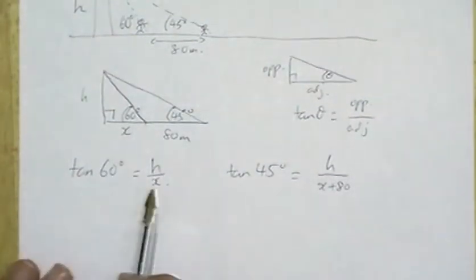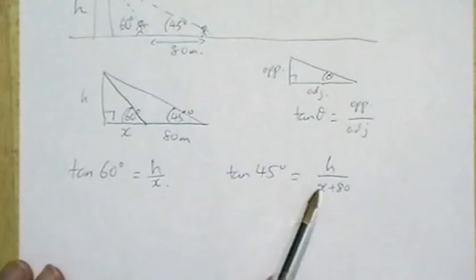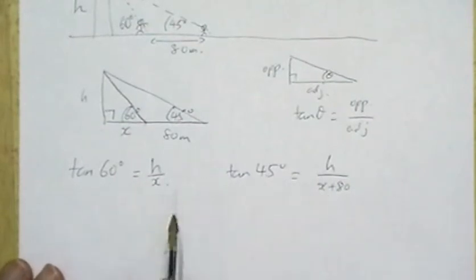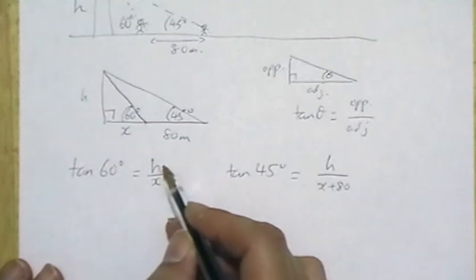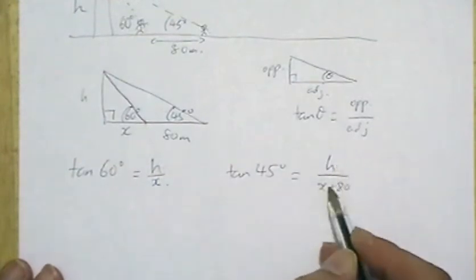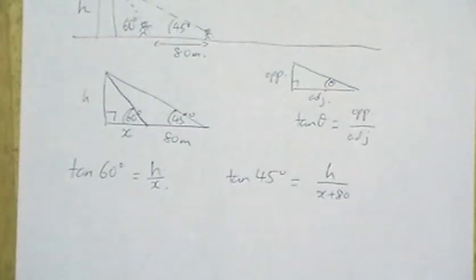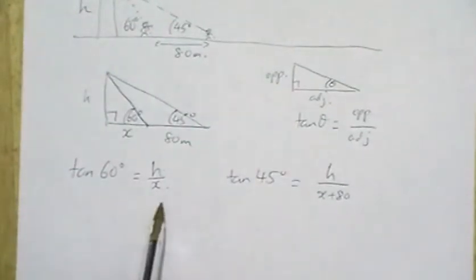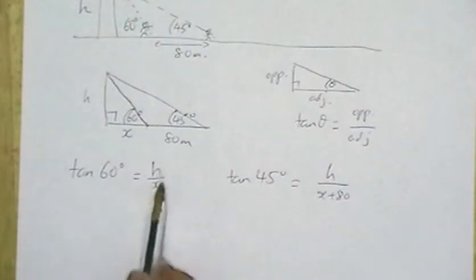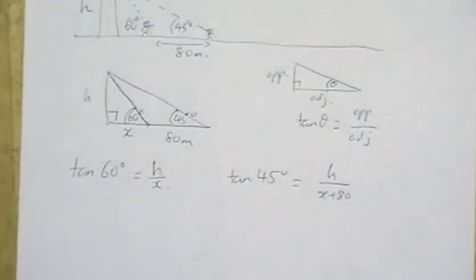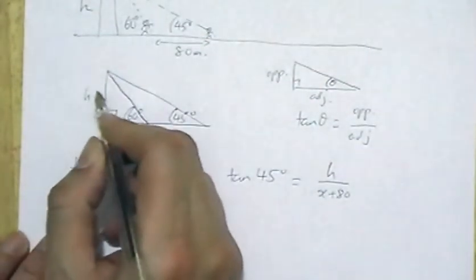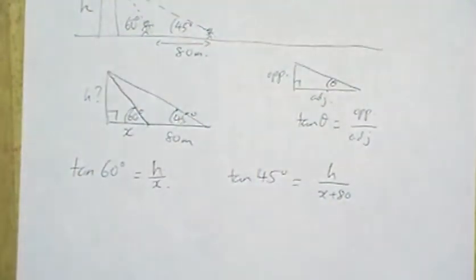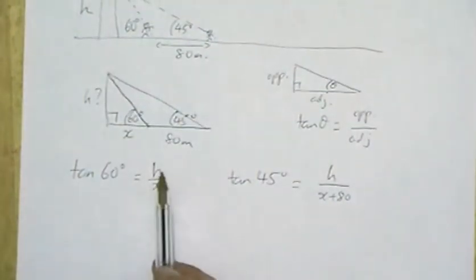Okay, so what we have now are two equations, and we have two unknowns, h and x. So in principle, we have two simultaneous equations and two unknowns. We should be able to find h and x. Now if you remember, the question is to find the height of the tower. So we really want h.